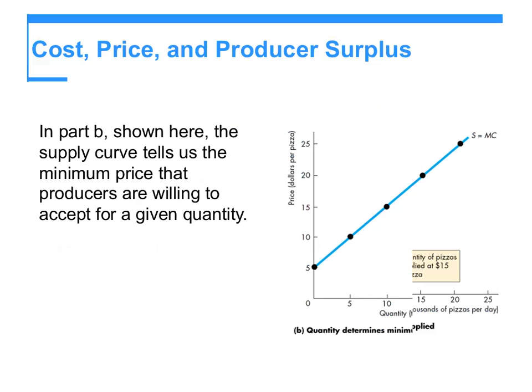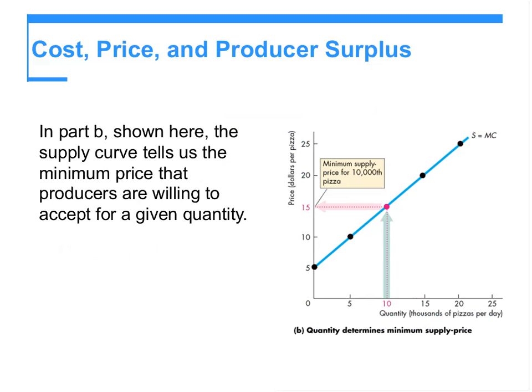So let's look at another way of explaining that: at the quantity of 10, the minimum price that they accept is 15. In part B, the supply curve tells us the minimum price the producers are willing to accept for a given quantity. So you can go from price to quantity or from quantity to price. You can use both of these interpretations.